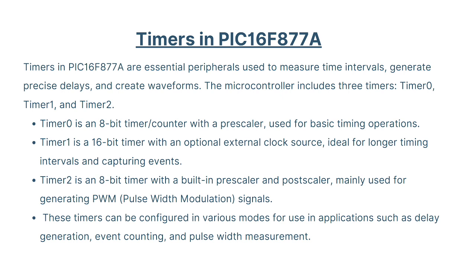Timer 1 is a 16-bit timer with an optional external clock source, ideal for longer timing intervals and capturing events. Timer 2 is an 8-bit timer with a built-in prescaler and postscaler, mainly used for generating PWM, pulse width modulation, signals. These timers can be configured in various modes for applications such as delay generation, event counting, and pulse width measurement.